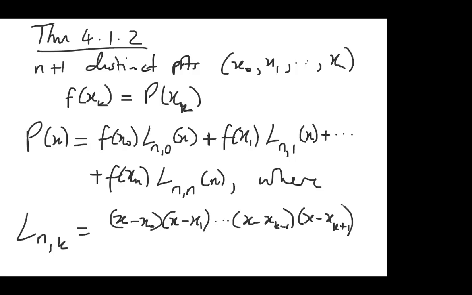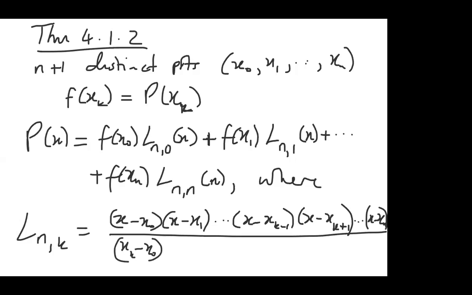And then I'll continue like this up to the last expression, x minus xn, everything divided by the value of this numerator at x equal to xk. So I'm going to have xk minus x0, xk minus x1, and so on up to the last one, xk minus xn. That's what I'm going to get.